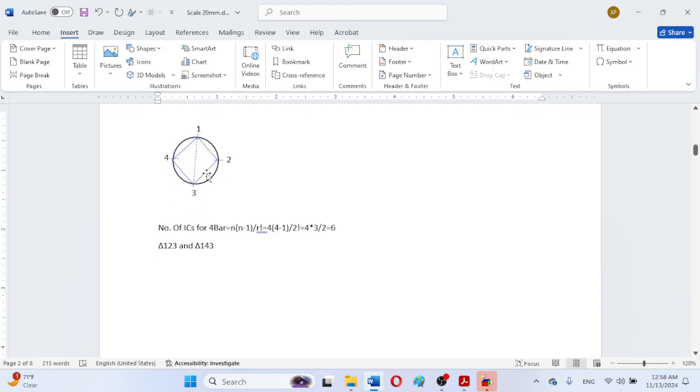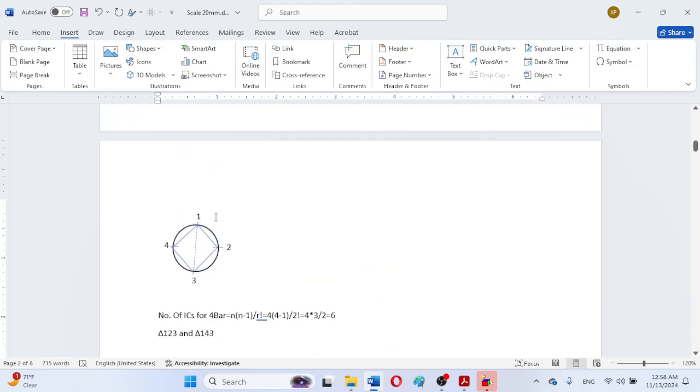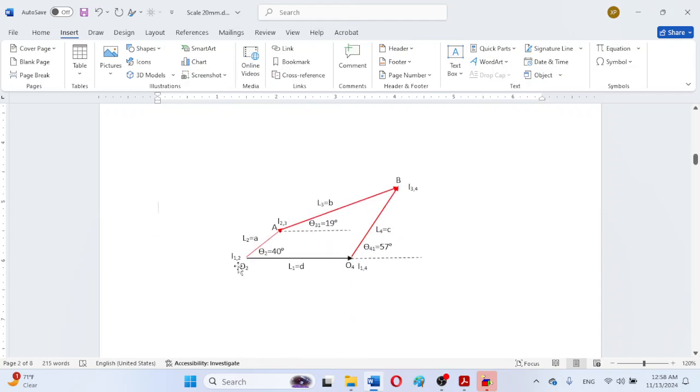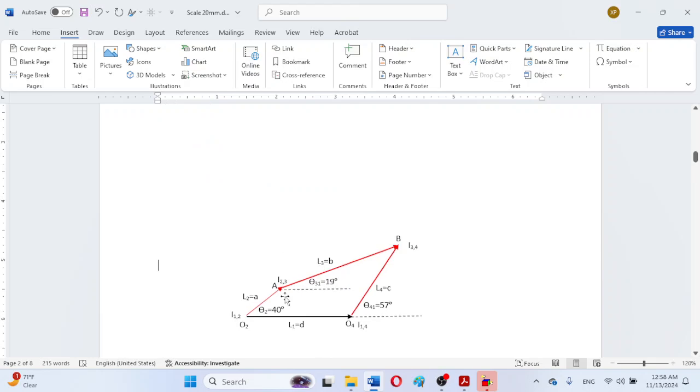So with instant center 1 2 and instant center 2 3, the third instant center 1 comma 3 will be located on the extension of these two instant centers, instant center 1 comma 2 and 2 3.